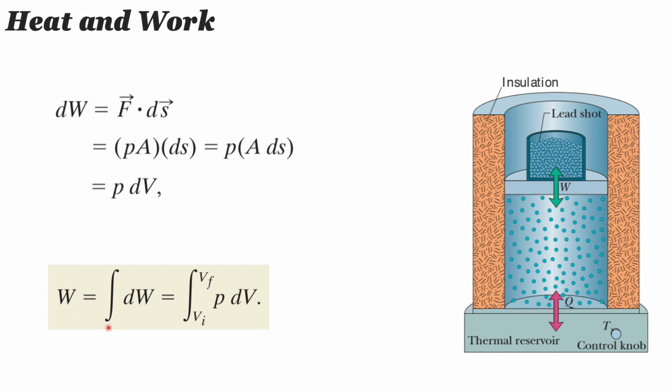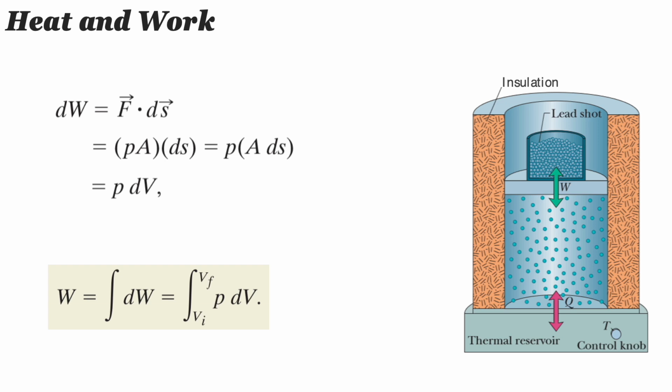So the total work done will be equal to the integration of dW, which will be equal to the integration between the limits initial volume to final volume of P dV. P is the pressure, dV is the volume.